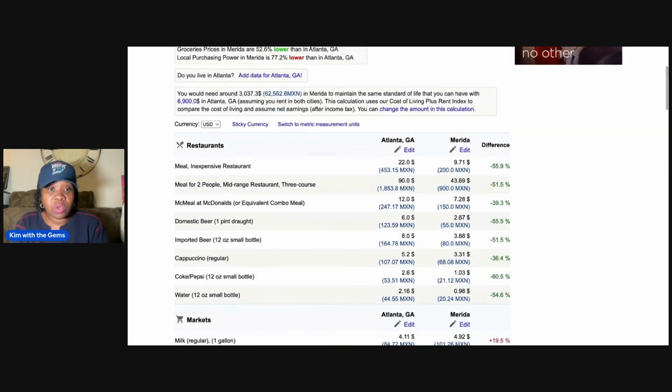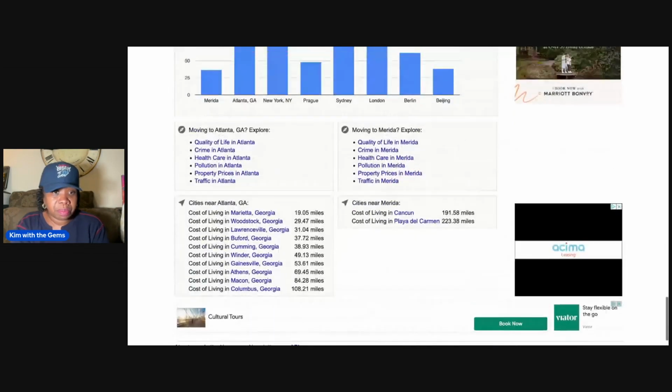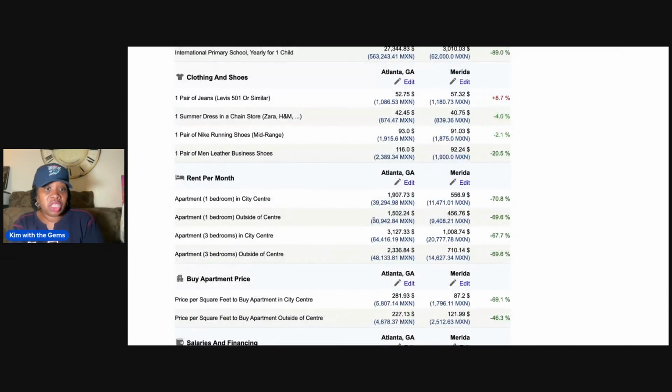And then let's just go into the rent. Let's just see what the rent is looking like. So if you live in the city center in a 1-bedroom apartment in Atlanta, you're looking at paying $1,900 a month. In Merida, you're looking at $557 a month. A 70% differential, 71%. Child.